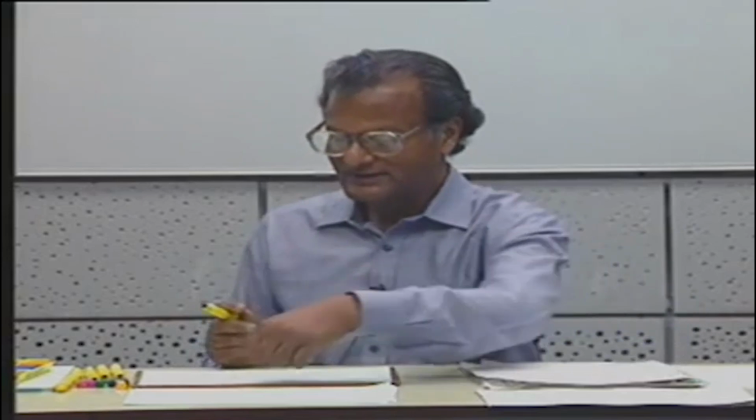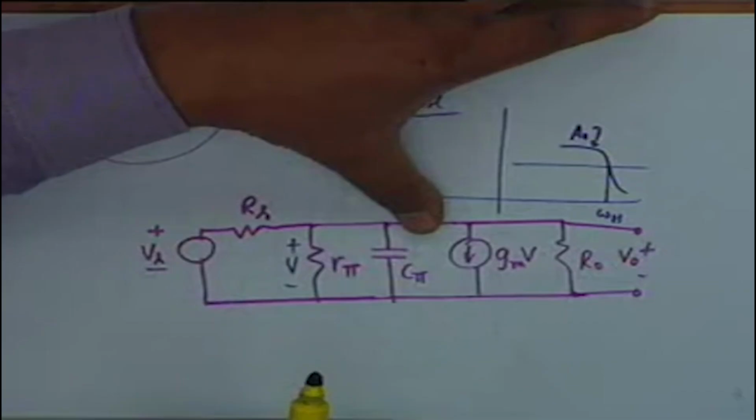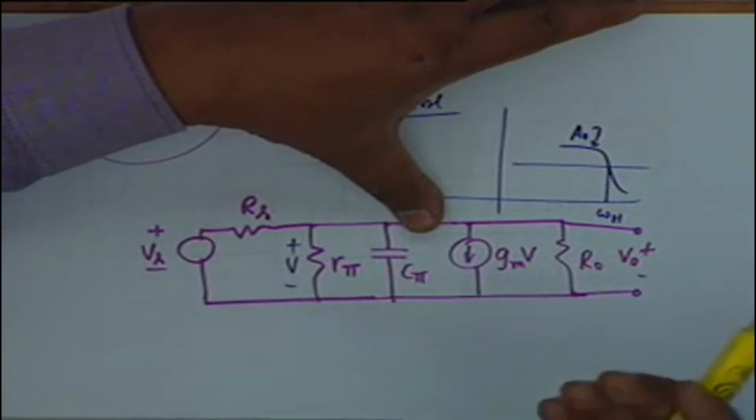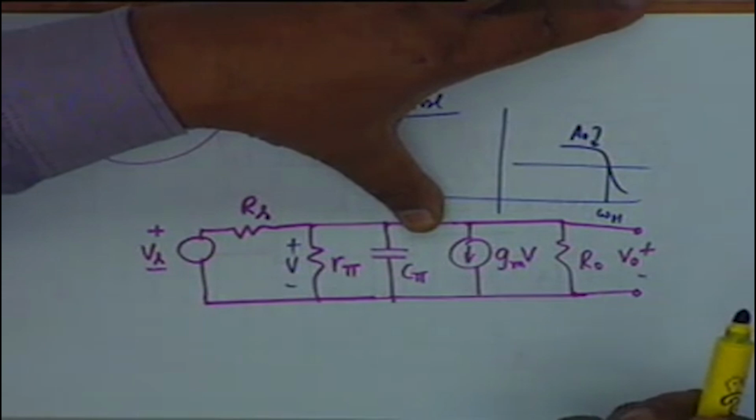So, yes, please repeat. Miller said, in calculating A, we required this value of A, that is V2 equal to A times V1. In calculating the value of A for the transistor circuit, let us ignore C mu. If I do that, then the output divided by input, V0 by V, is simply minus gm times R0.